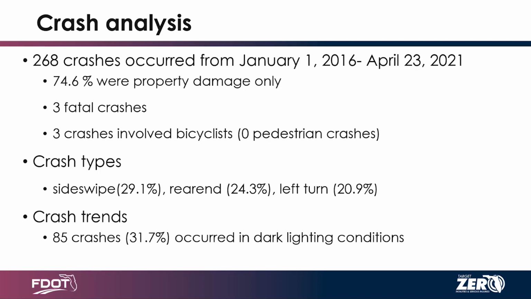Then we broke down the major crash types: about 29% were side swipes, 24% rear ends, 21% left turns. The other notable crash trend was that about 32% of these crashes occurred in dark lighting conditions. So looking at these crash stats, is there anything that jumps out to anyone as surprising?